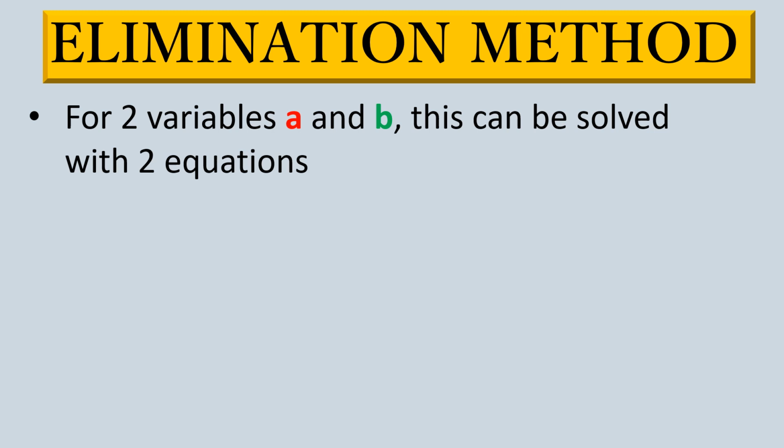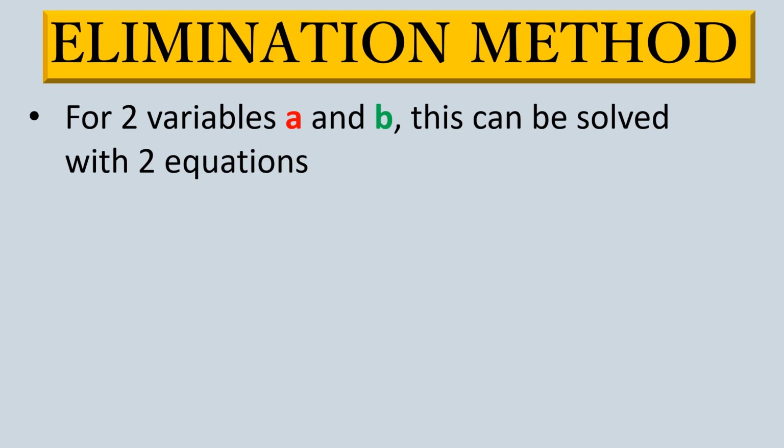In this kind of question, where we have two variables, a and b, we can eliminate one of the variables, thereby solving for the other variable. So eliminating means getting rid of one variable and having access to the other variable.